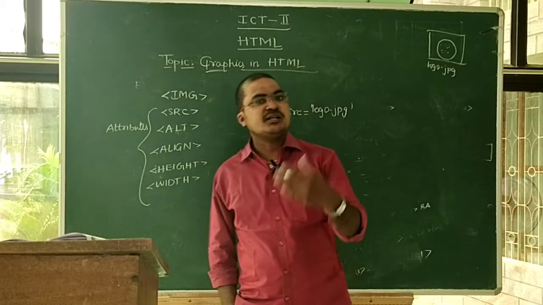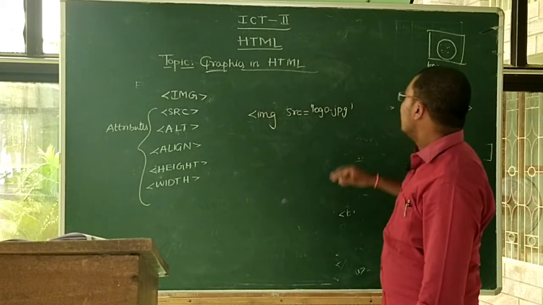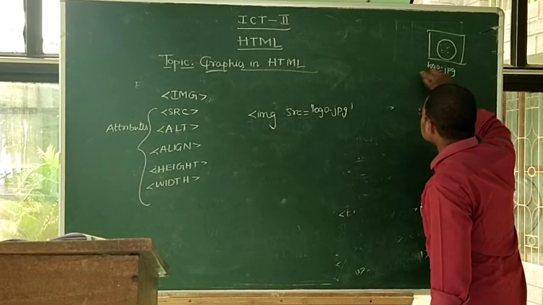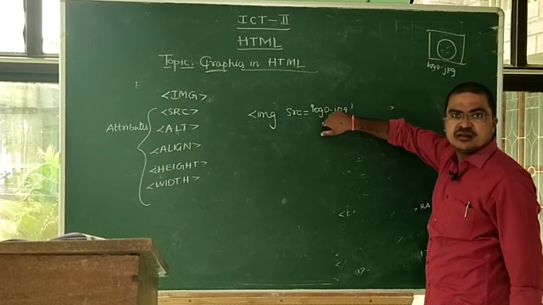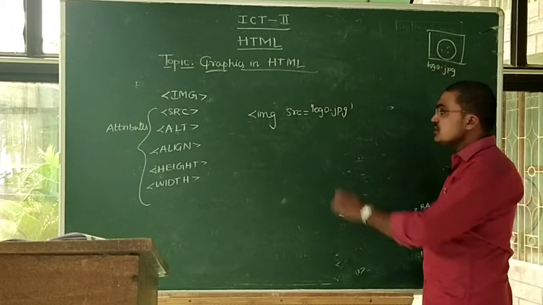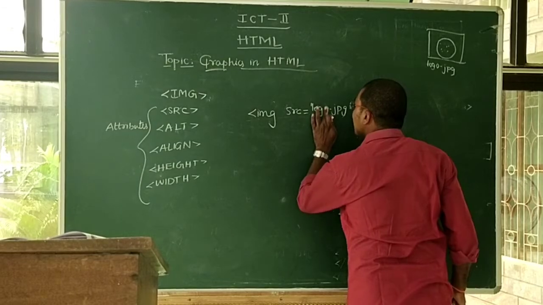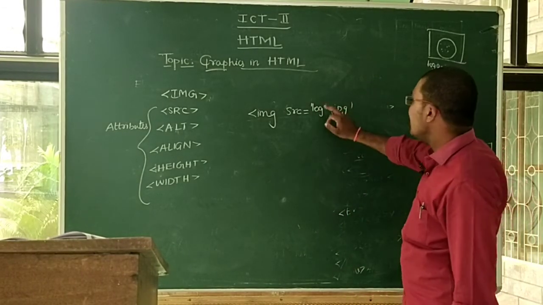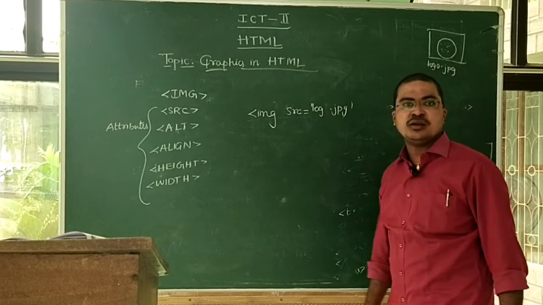Alternative means, for example, the name of the image is mandatory and case sensitive in this src. For example, actually your image name is logo, but this time you miss the O. So you have written log.jpg. Actually, is log.jpg available in your computer?